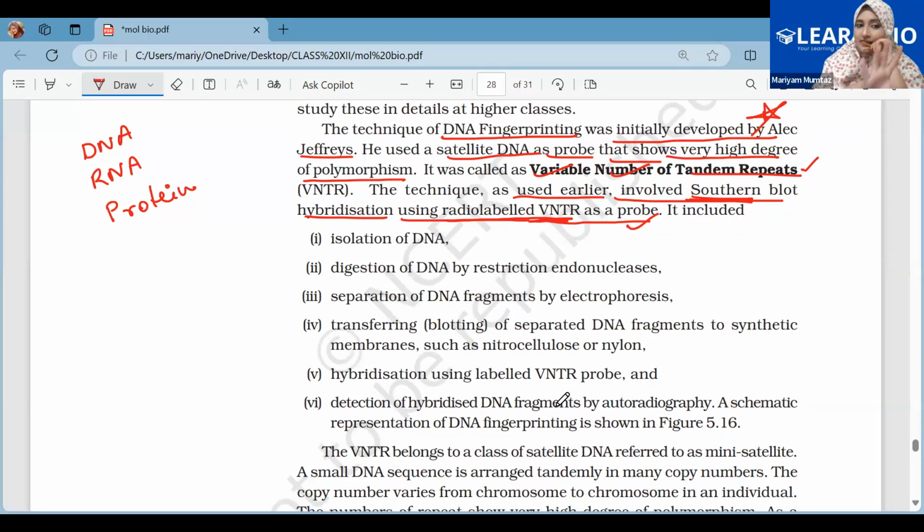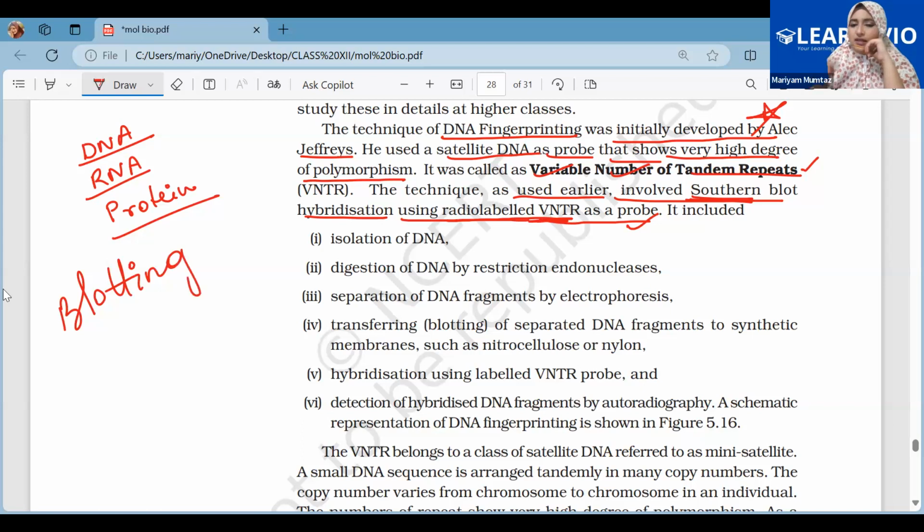There are three types of blotting techniques: southern, northern, and western. Don't imagine it like blotting paper. Blotting refers to transferring. During the analysis of DNA, RNA, or protein, we do blotting techniques. You can write this down in your notebook in a box.